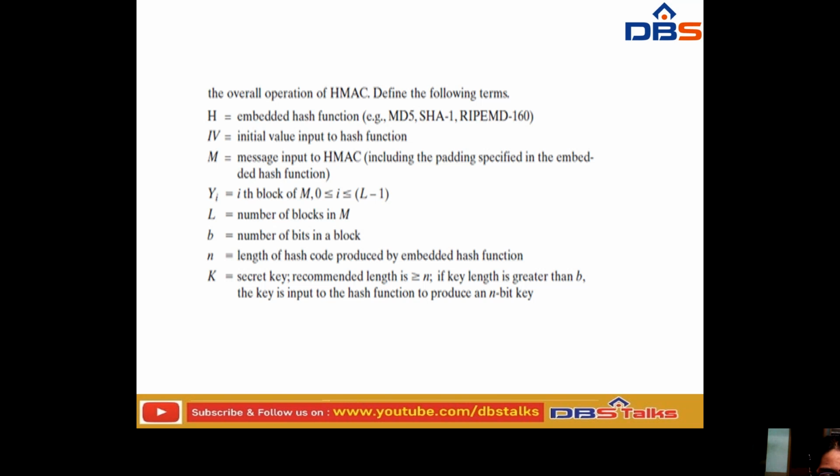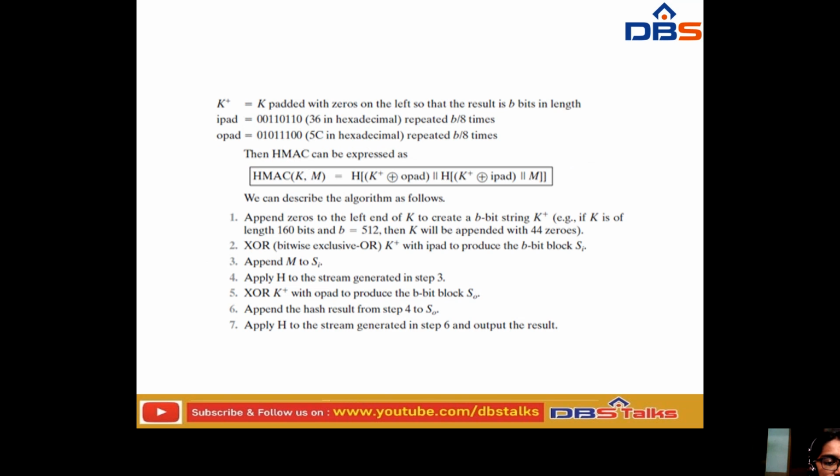The recommended length is greater than N. If the key length is greater than B, then the key is input to the hash function to produce an N bit key. And next one, K plus is K padded with zeros on the left, so that the result is B bits in length.